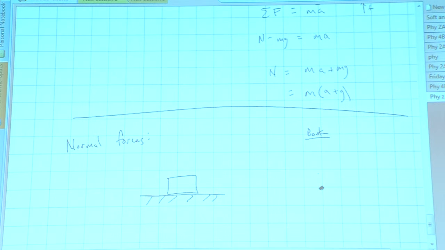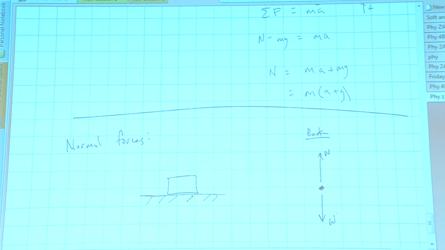Start you off with a simple one. Okay, what do we have? Normal force and the weight. Anything else? No. We okay with that? Normal force and the weight. Because it's a horizontal surface, we don't have a friction force.